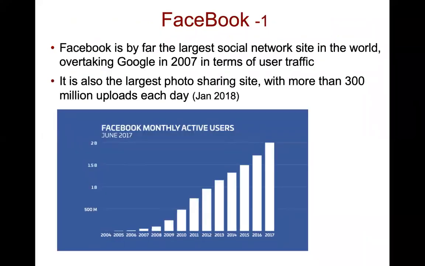So Facebook itself, yeah, that's a wrong writing, you have to use a smaller b there, but Facebook itself, in terms of traffic, is really huge. It has way more than 2 billion active users in 2020.